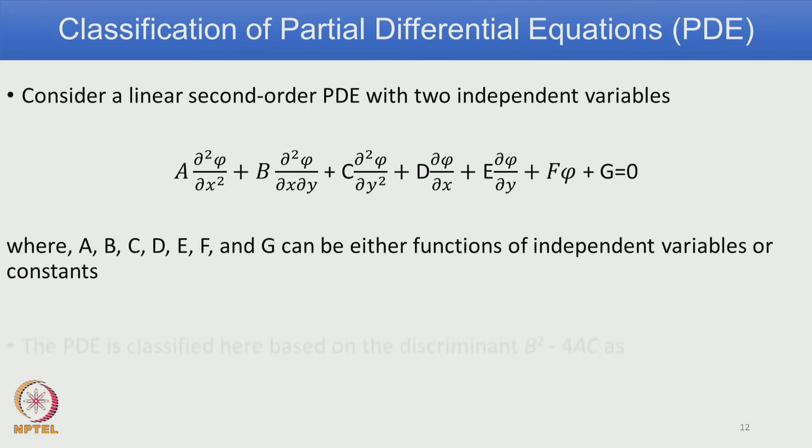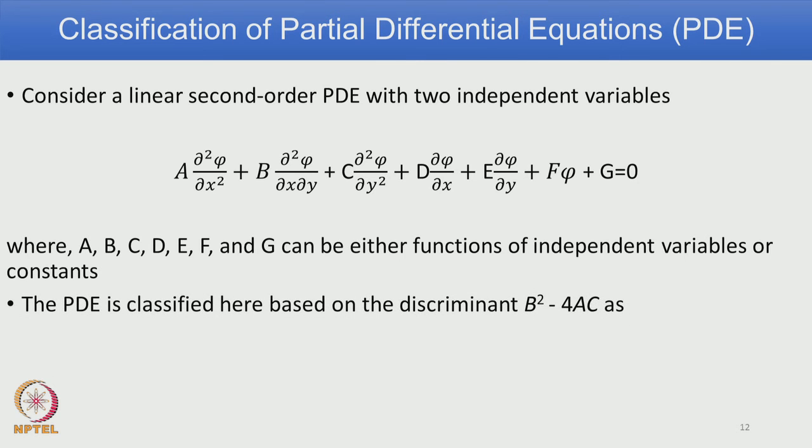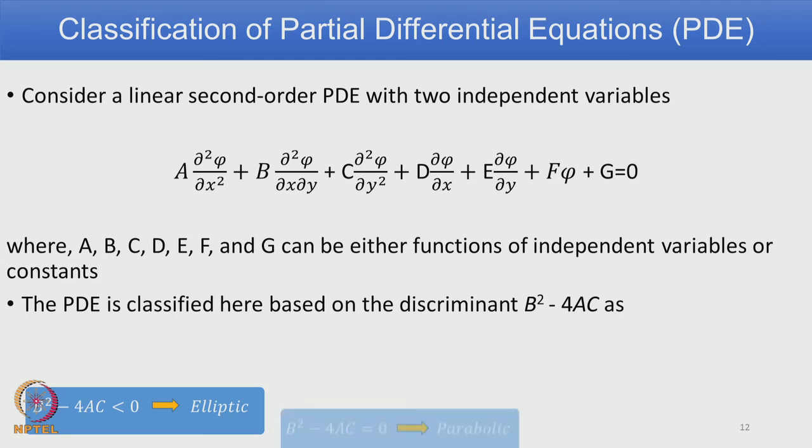Now, we are going to make a classification based on the discriminant, that is b squared minus 4ac. In other words, if b squared minus 4ac is less than 0, then the equation, or the solution associated with the equation, is classified as an elliptic PDE.